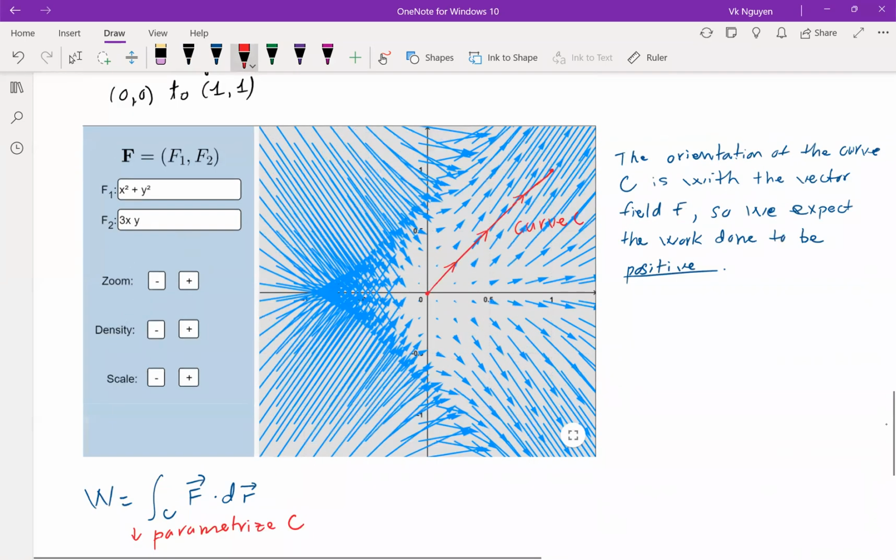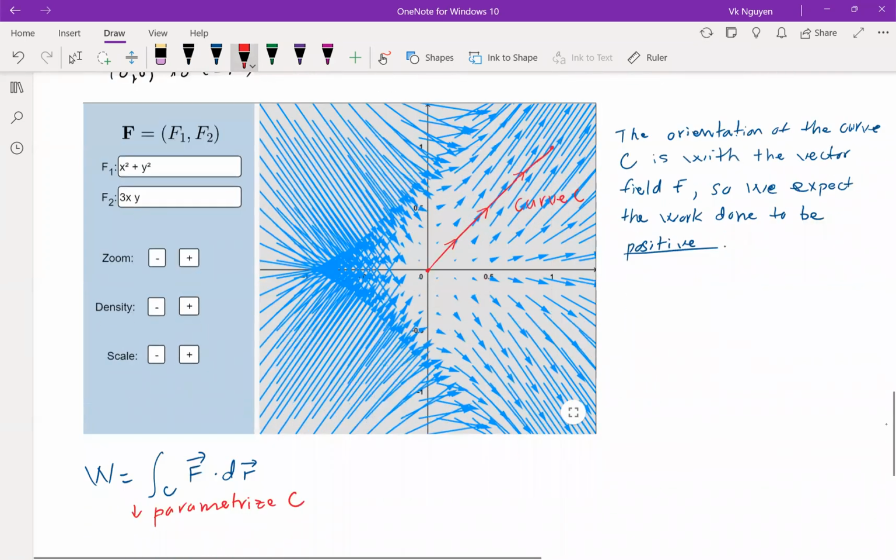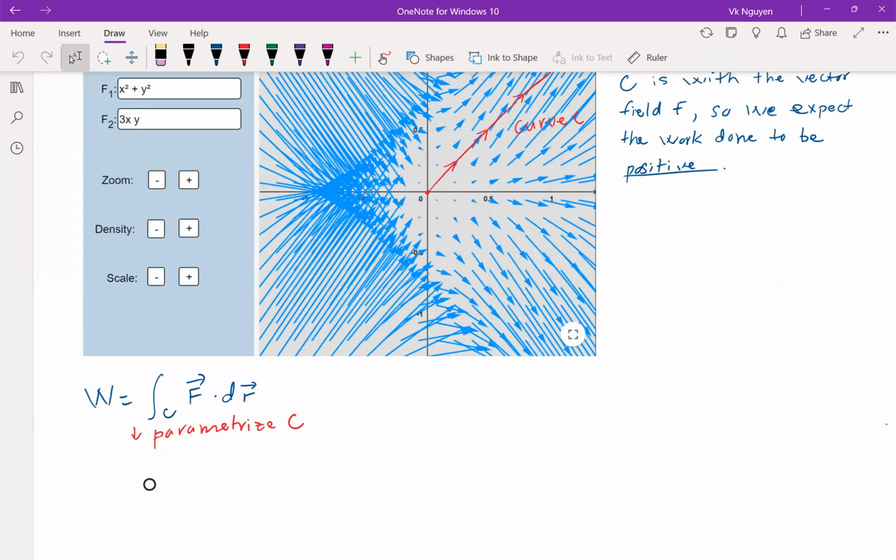This is just a line segment, so I'm going to write it right here. x equals x naught plus t times (x1 minus x naught), y is equal to y naught plus t times (y1 minus y naught).